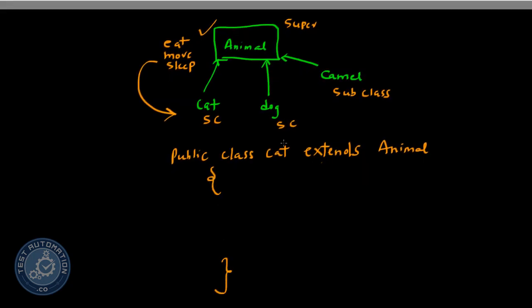So here all of these three methods, even though you don't have to literally write them in the cat class, are available by default. So this is the concept of inheritance. We are inheriting certain behavior from the parent class to the subclass cat by using the principle of inheritance. Hope you got the concept.